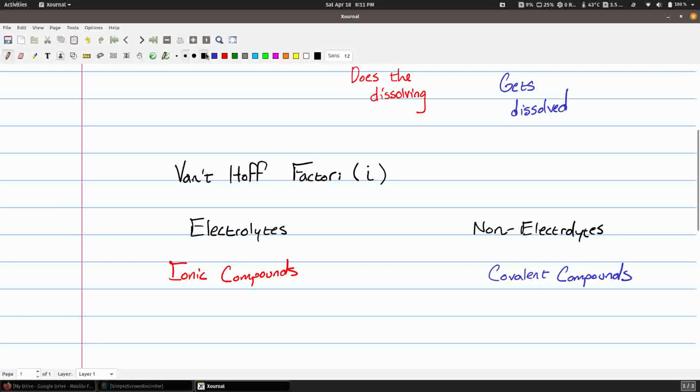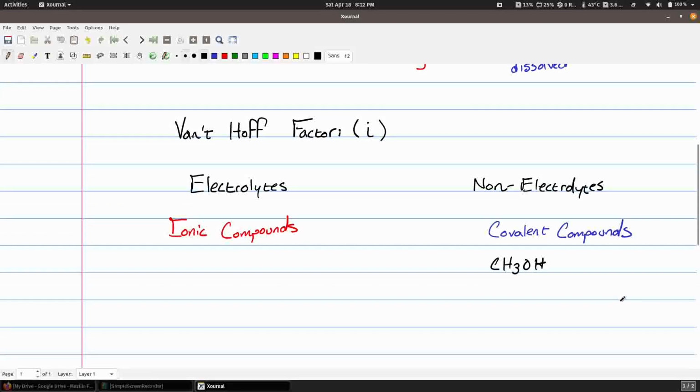Ionic compounds, remember, is a metal and a non-metal. So I'm going to give you an example of each one. We're going to do methanol for this one, which would be CH3OH. And then the van 't Hoff factor for any covalent compound will be 1.